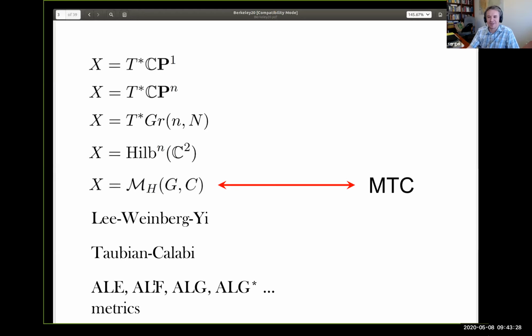And what I would really love to ask is, okay, what kind of modular tensor category can I associate to an ALG star space? Or if you love Hilbert schemes of points on C2, a natural question would be, what kind of modular tensor category can I associate to this X? They're all perfectly good candidates. So that's just, again, for concreteness, a very specific list of examples, and we would like to address this question.